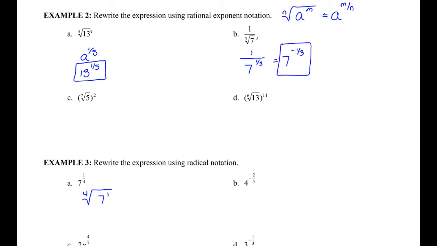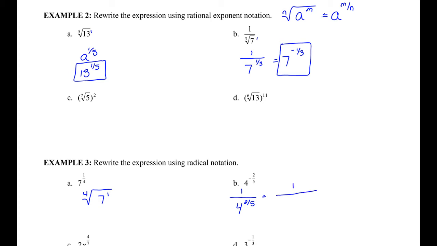For example B, we're going to start by getting rid of the negative by moving this whole term to the denominator and turning it into a positive exponent. Then we will rewrite it using radical notation.